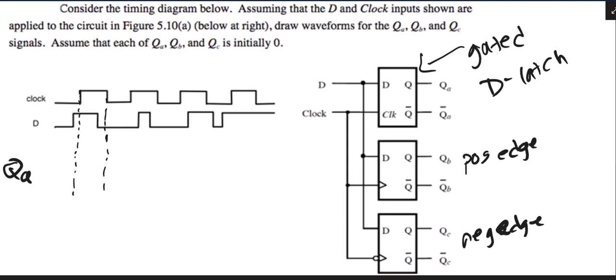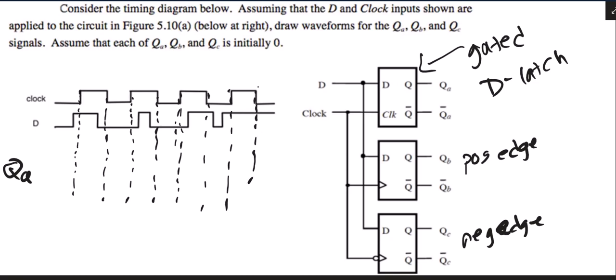So I'm going to draw my little vertical lines here. But remember that Q follows D. And we're told that they each are initially 0.